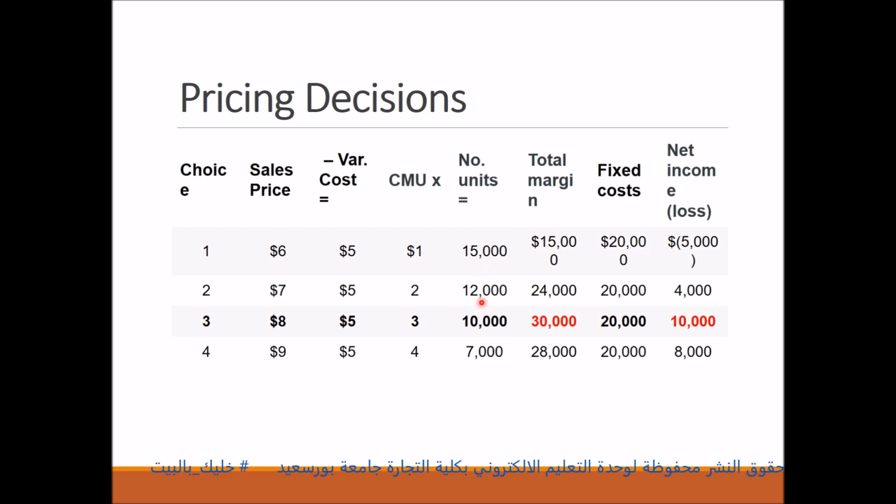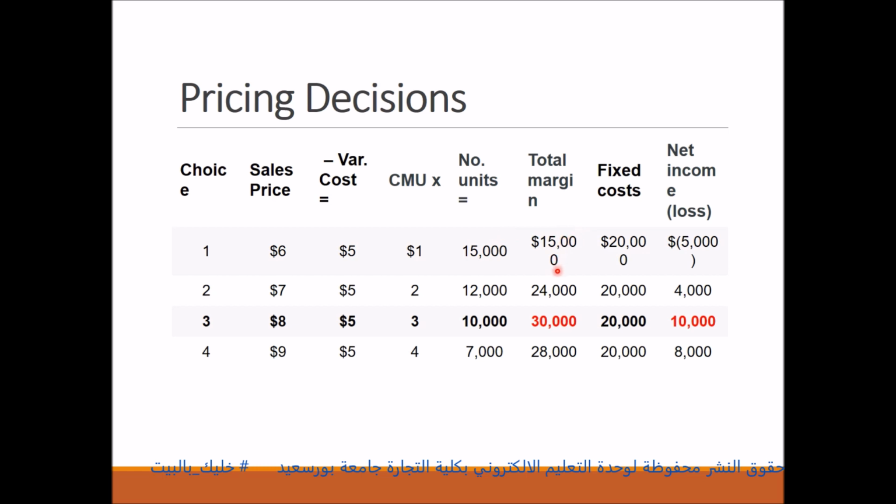When the selling price per unit increases to $8, the demand level declines to 10,000 units, and when the selling price per unit increases to $9, the demand level further declines to 7,000 units. By multiplying contribution margin per unit by the expected sales volume, we can obtain total contribution margin.